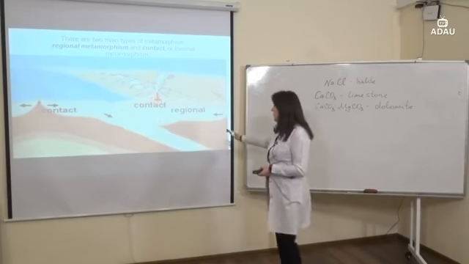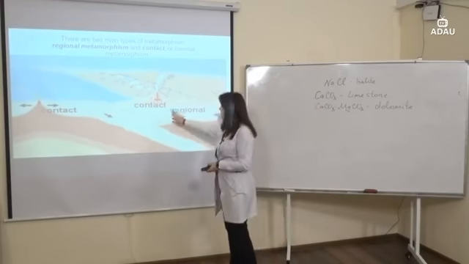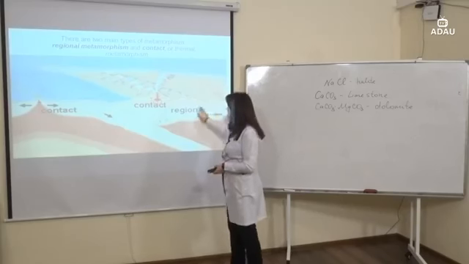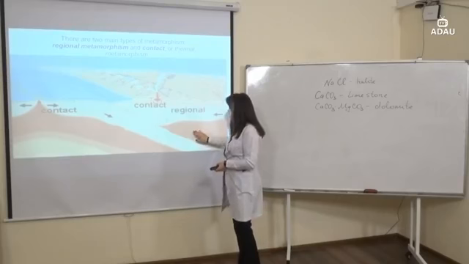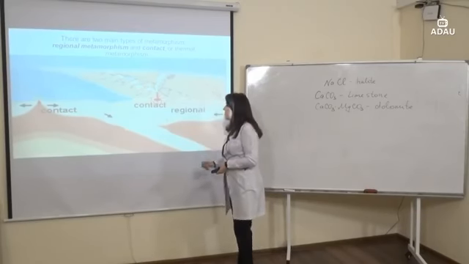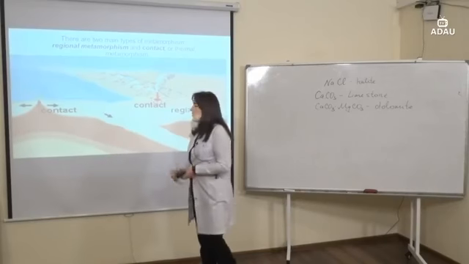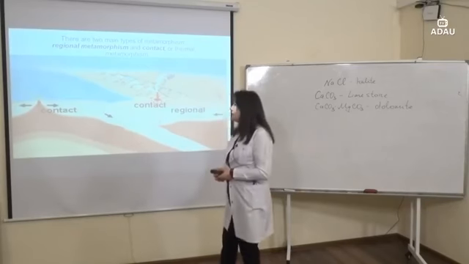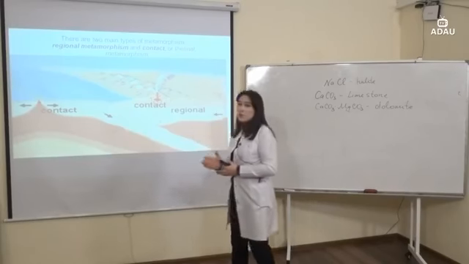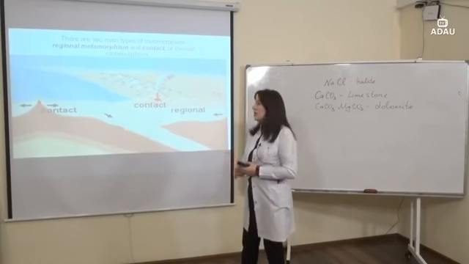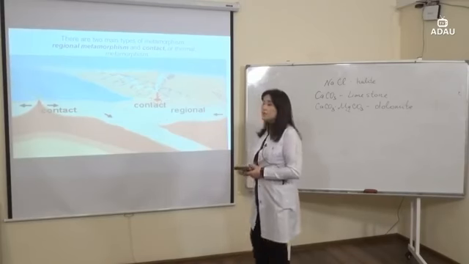Regional metamorphism occurs over a large area with the impact of high temperature and pressure. But contact metamorphism, as the name says, occurs when molten magma goes through the rock.